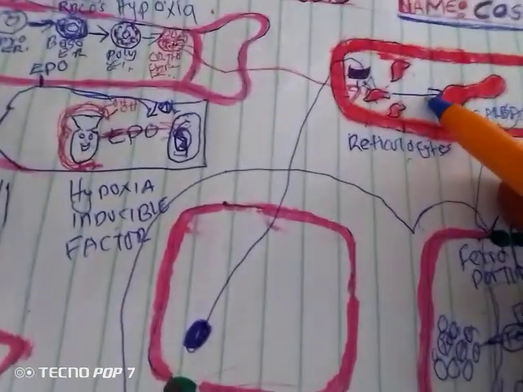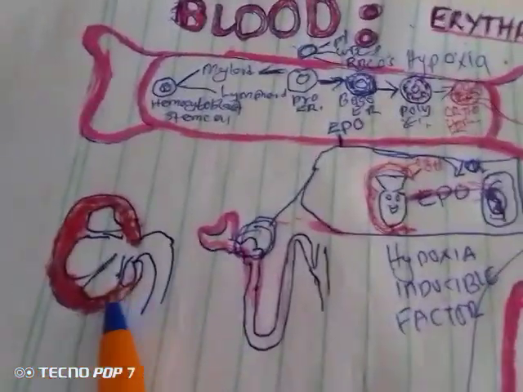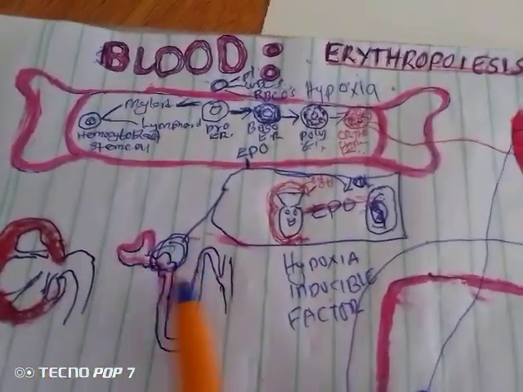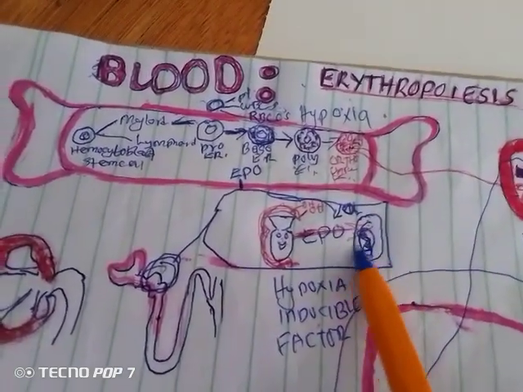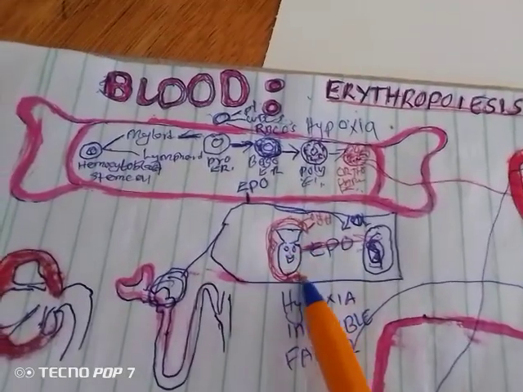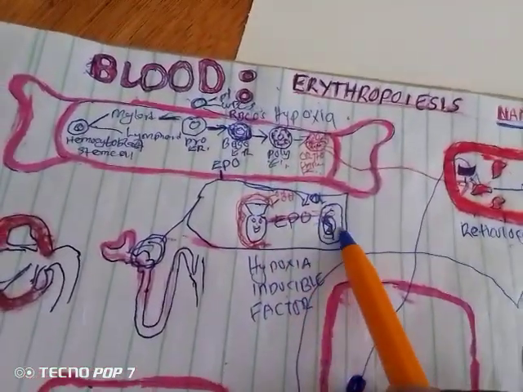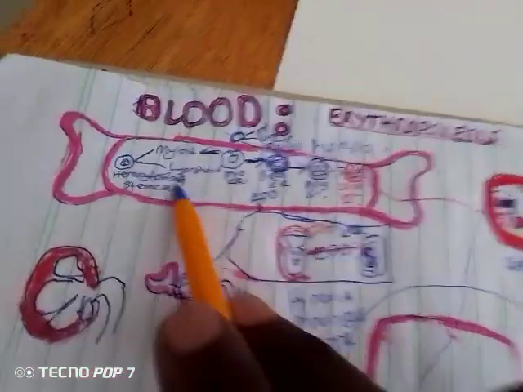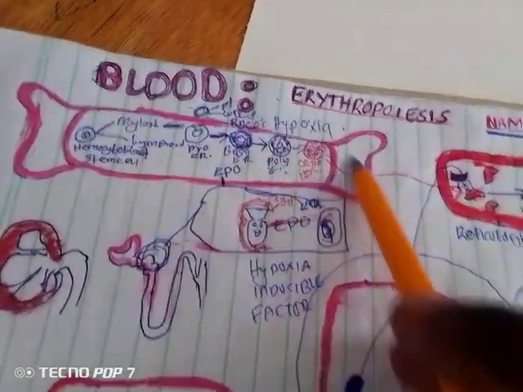Then we discussed the kidney, the proximal convoluted tubule, the EPO gene, and the hypoxia-inducible factor, which now stimulates the stem cells to start the production of erythropoiesis, the entire process here.